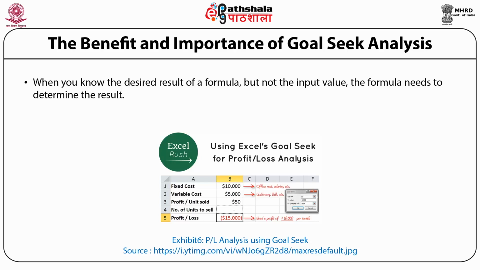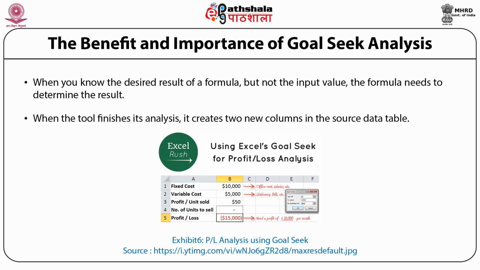You can change the value of a specified cell until the formula that is dependent on the changed cell returns the result you want. When the tool finishes its analysis, it creates two new columns in the source data table. These columns show the likelihood that the targeted outcome can be achieved and the recommended change, if any.